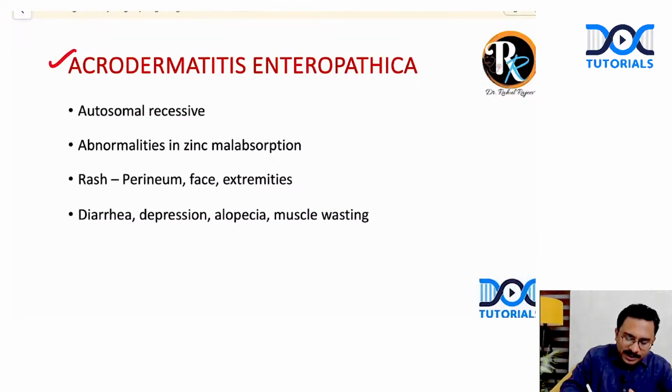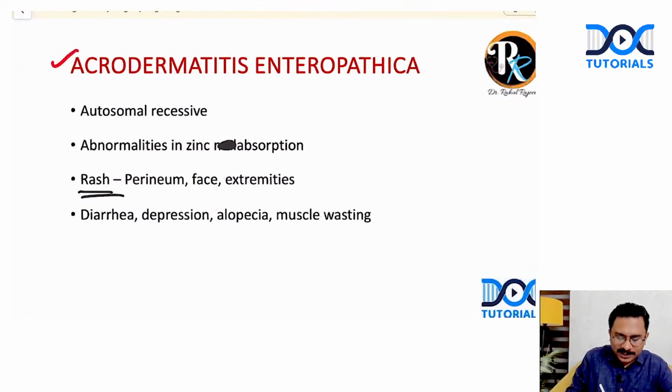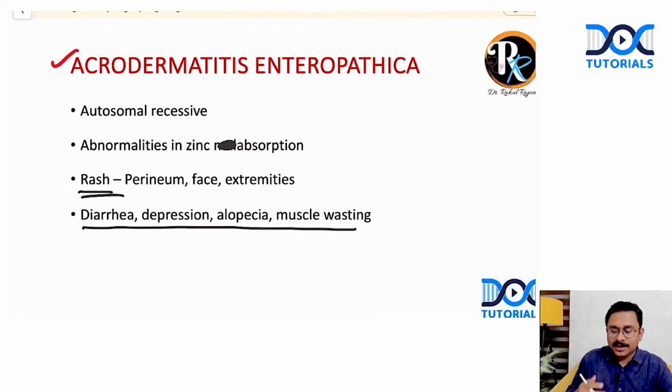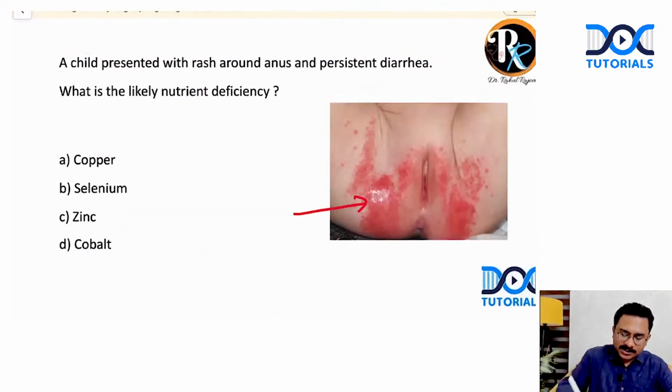The features include a rash, which is commonly seen in the perineum, the face area, and the extremities. You can also have diarrhea, depression, alopecia, and muscle wasting. These are the clinical features. So the answer is going to be option C, that is zinc.